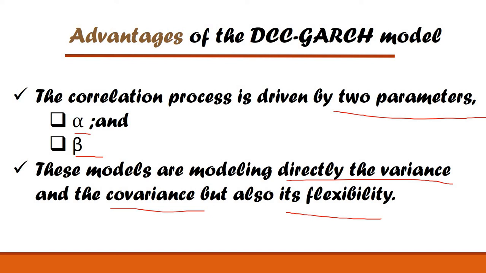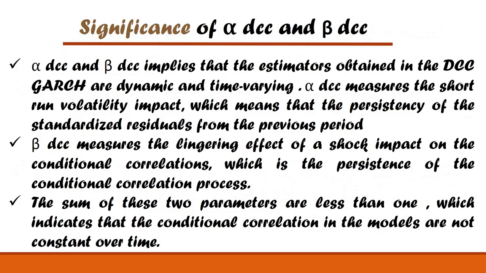So this allows us to take into account the change in the relationship between the volatility of variables over time. To measure the real impact of the volatility of one variable on another variable, we study the DCC-GARCH model.